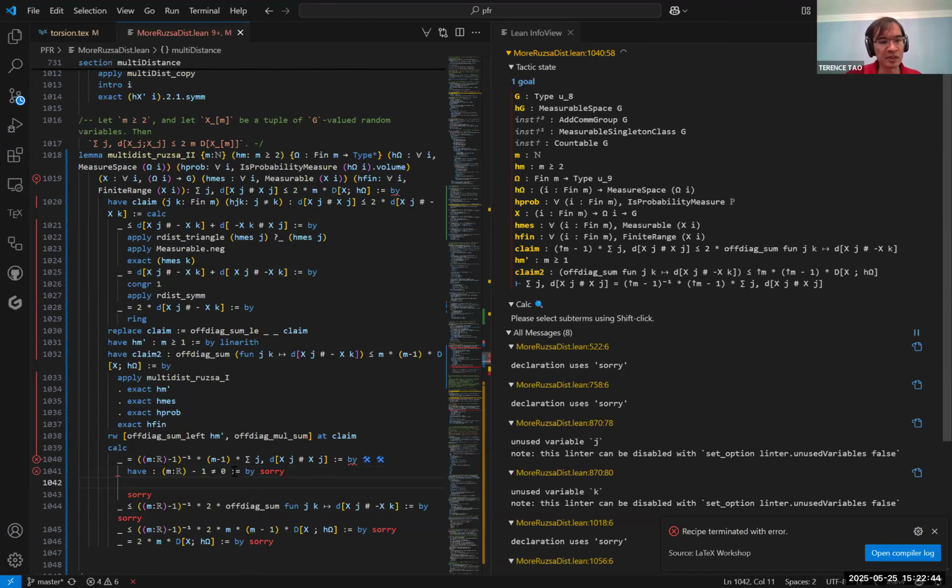Okay, this identity should just follow from simplification once I feed it the fact that this is non-zero. Hopefully that just works.